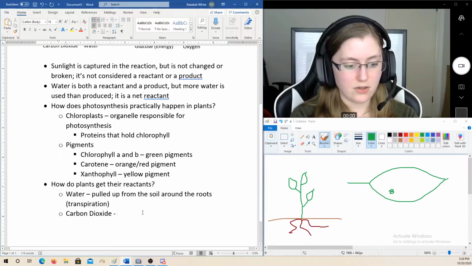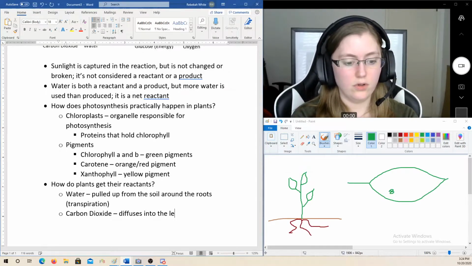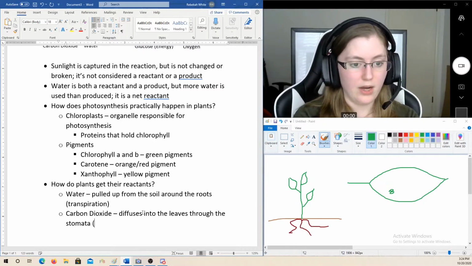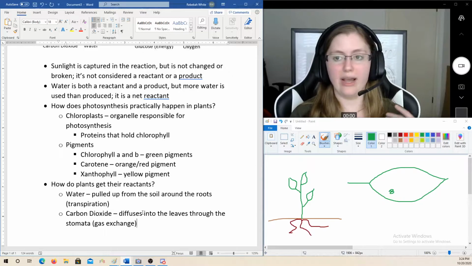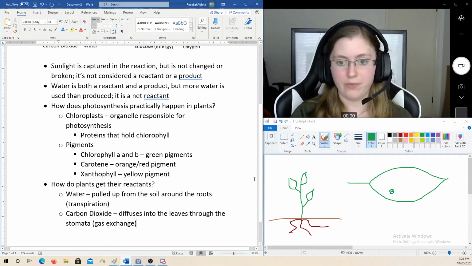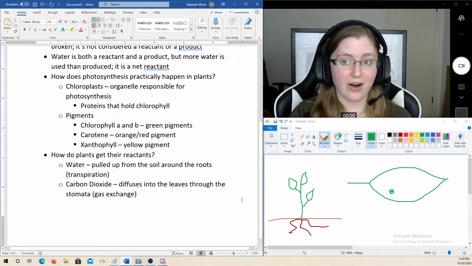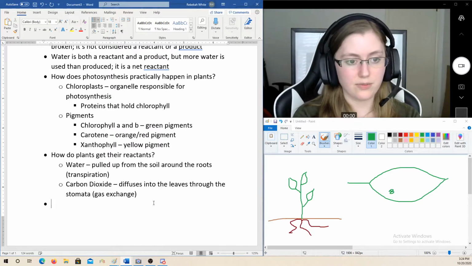So it diffuses in through the stomata. And this is a process called gas exchange. So we have carbon dioxide gas moving into the leaf. And there's another part of gas exchange, which we'll talk about in a second when we get to the products.